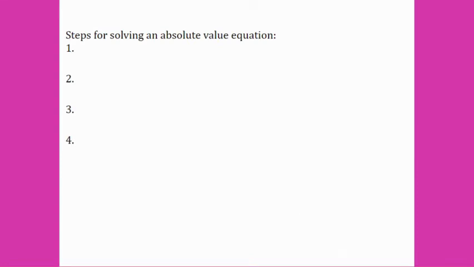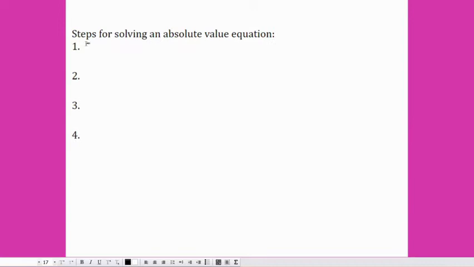So our steps for solving an absolute value equation. The first thing we're going to do is isolate the absolute value. You want to make sure that it's the only thing on its side of the equation.